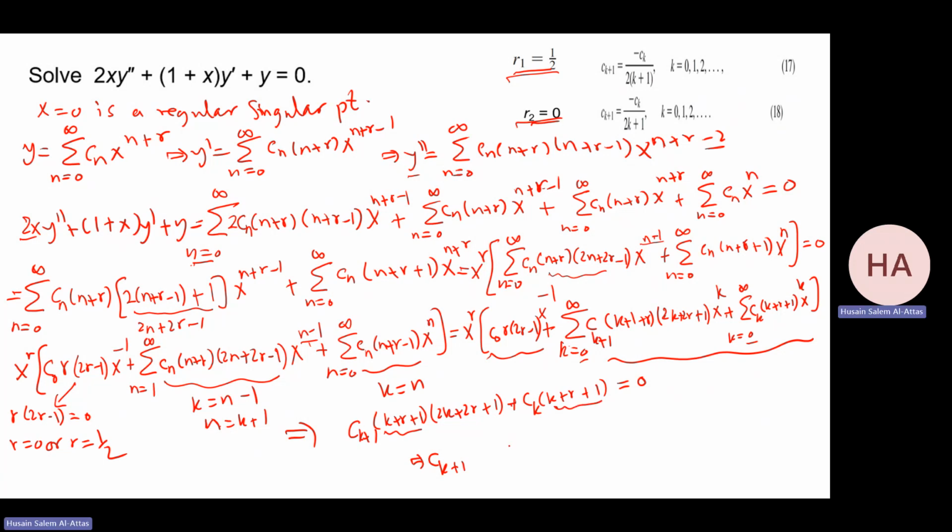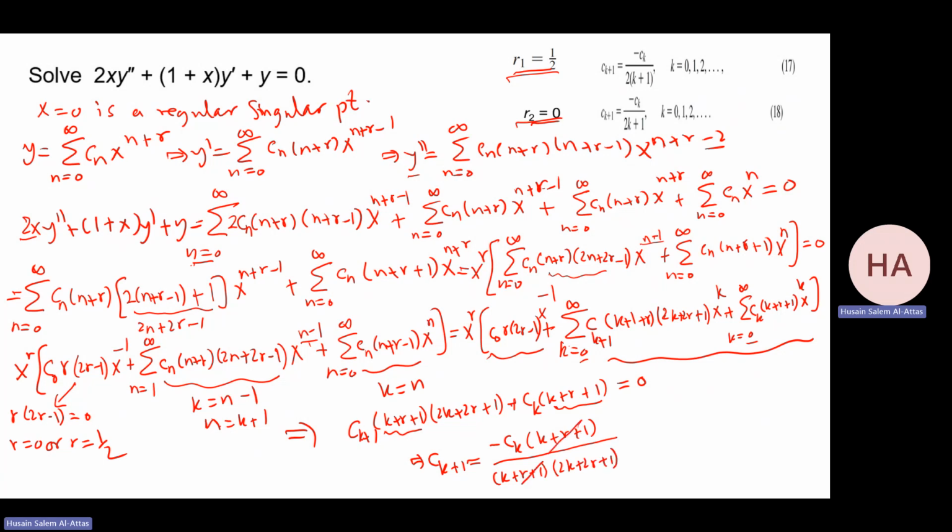So this is equal to minus c_k (k plus r plus 1) over (k plus r plus 1)(2k plus 2r plus 1).